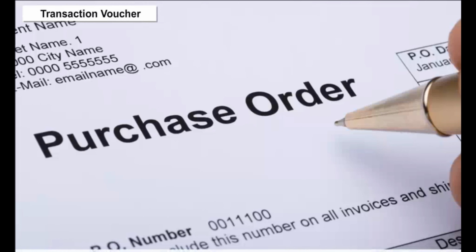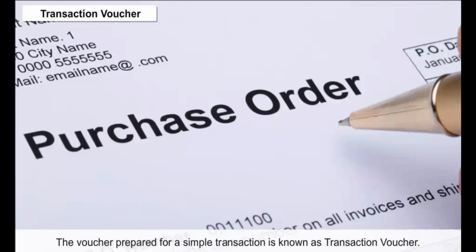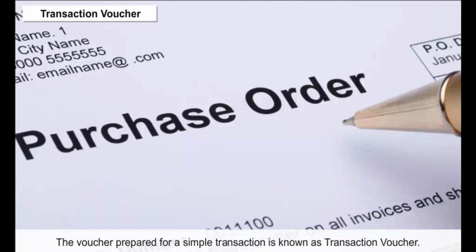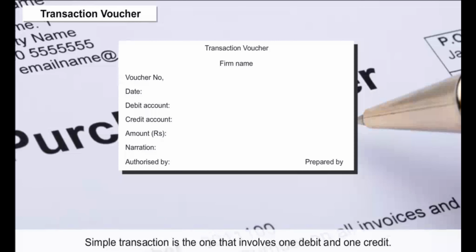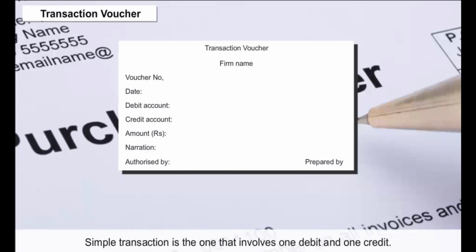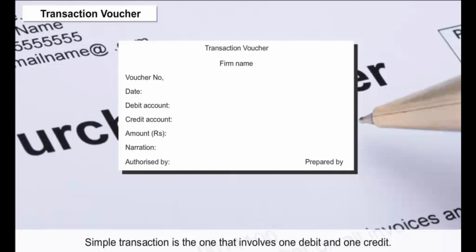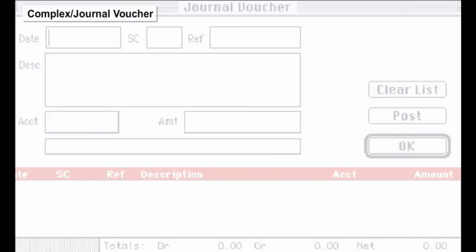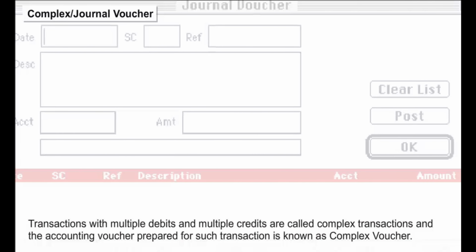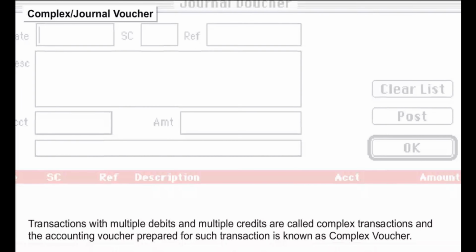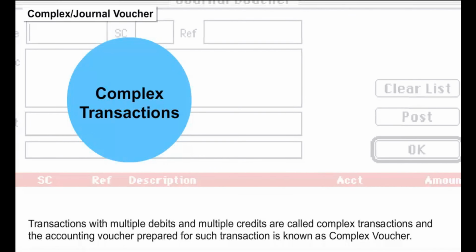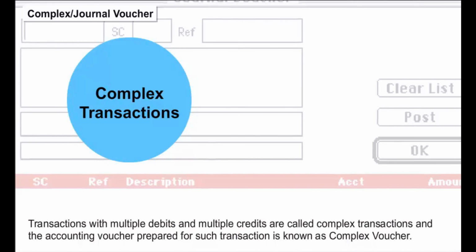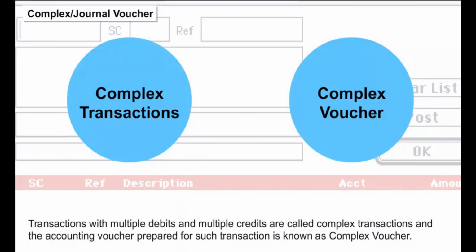Transaction voucher. The accounting voucher prepared for a simple transaction is known as a transaction voucher. A simple transaction is one that involves one debit and one credit. Complex or journal voucher. Transactions with multiple debits and multiple credits are called complex transactions, and the accounting voucher prepared for such a transaction is known as a complex voucher.